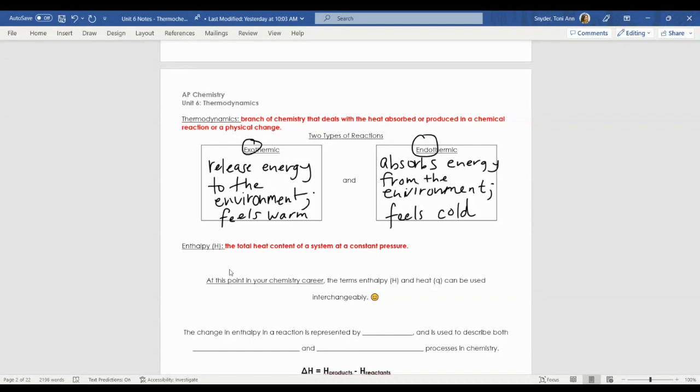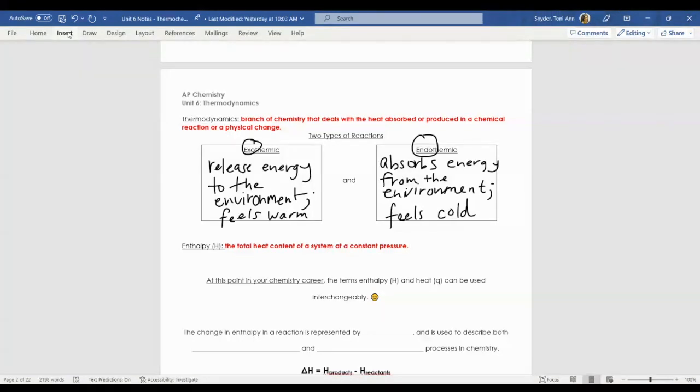Now, if you remember back to Chem 2, we talked about Q, where Q is equal to heat. In this unit, we're going to use Q, but we're also going to use H. At this point in your chemistry career, the terms enthalpy and heat can be used interchangeably. The reason why is because this is always going to be at constant pressure. Enthalpy is the total heat at constant pressure.